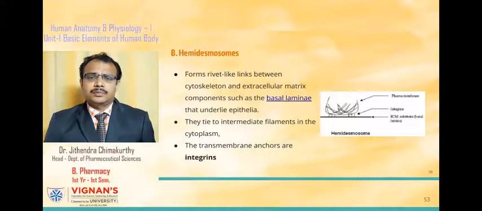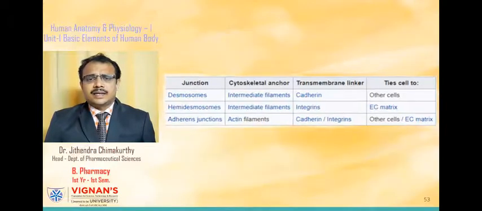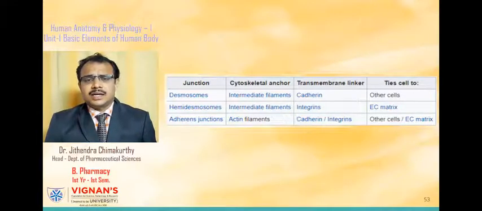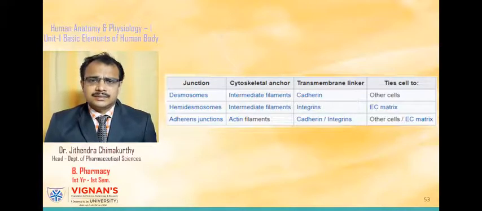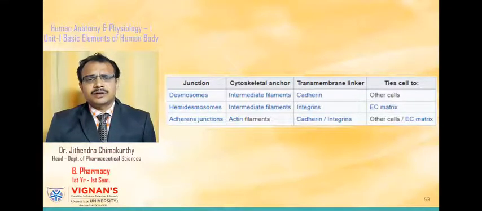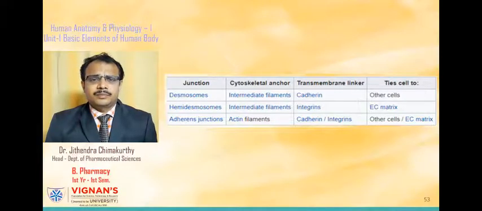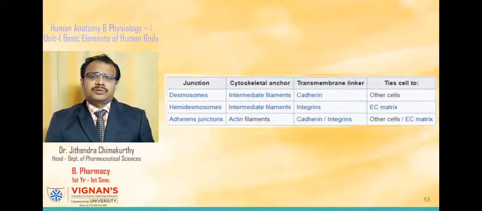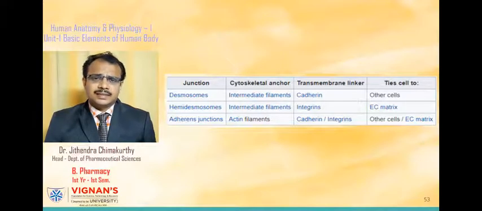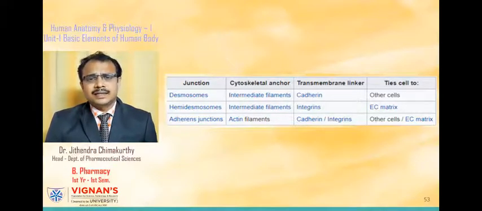The intracellular proteins or the cytoskeletal anchor is once again the intermediate filament, which is either keratin or desmin, which forms a plate, and the transmembrane anchors here are called integrins. These integrins bind with the extracellular matrix and give adherence of the cells to the extracellular matrix. So, in this way, the epithelial cells are attached to the basal lamina.